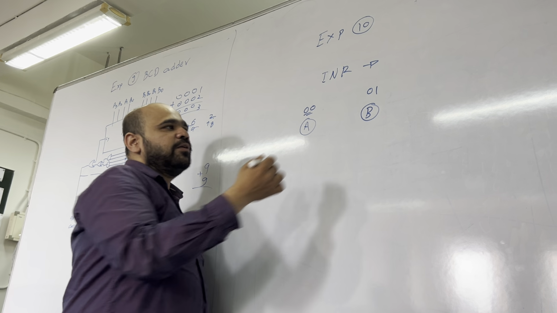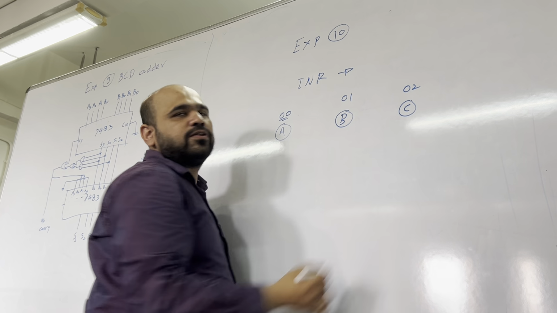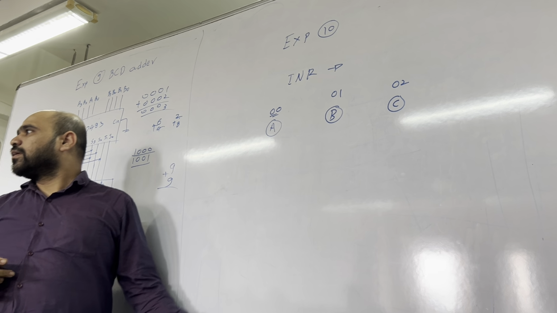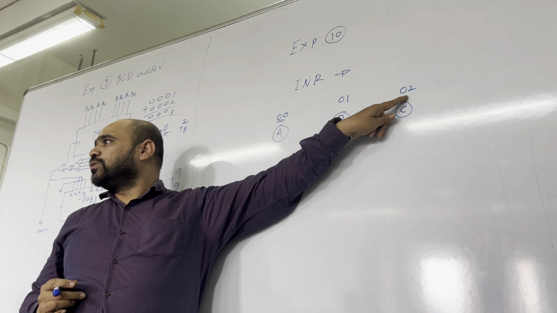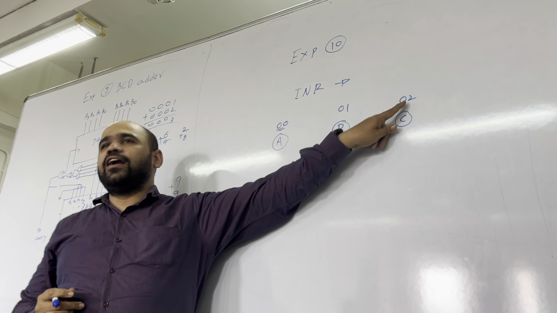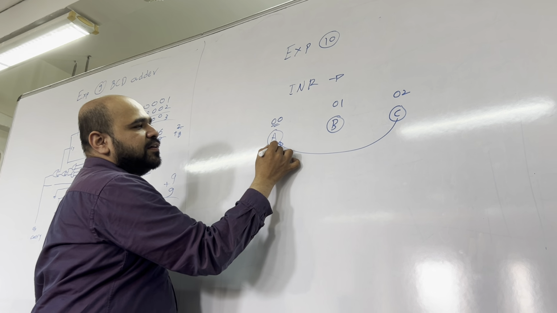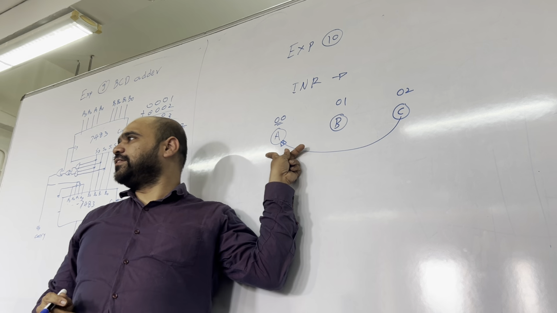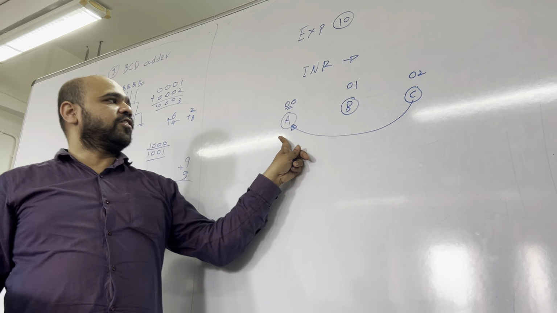And then one more condition C, when balance becomes 0 2. Clear? Now at the same time, when the balance is 2, you have to dispatch the candy or chocolate and go back to balance A. That is 0, because you have already dispatched 2 rupees equivalent of chocolate.